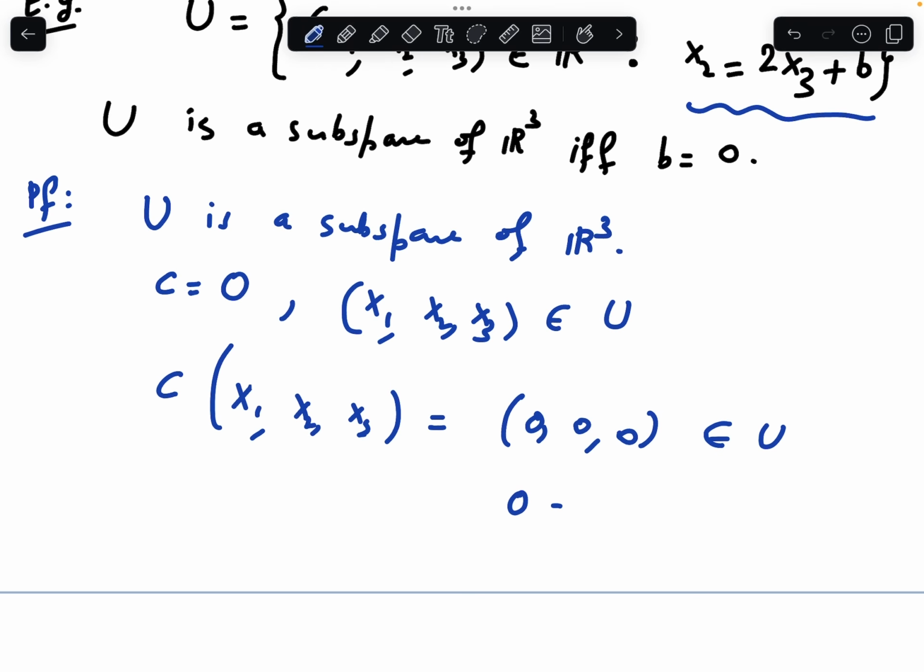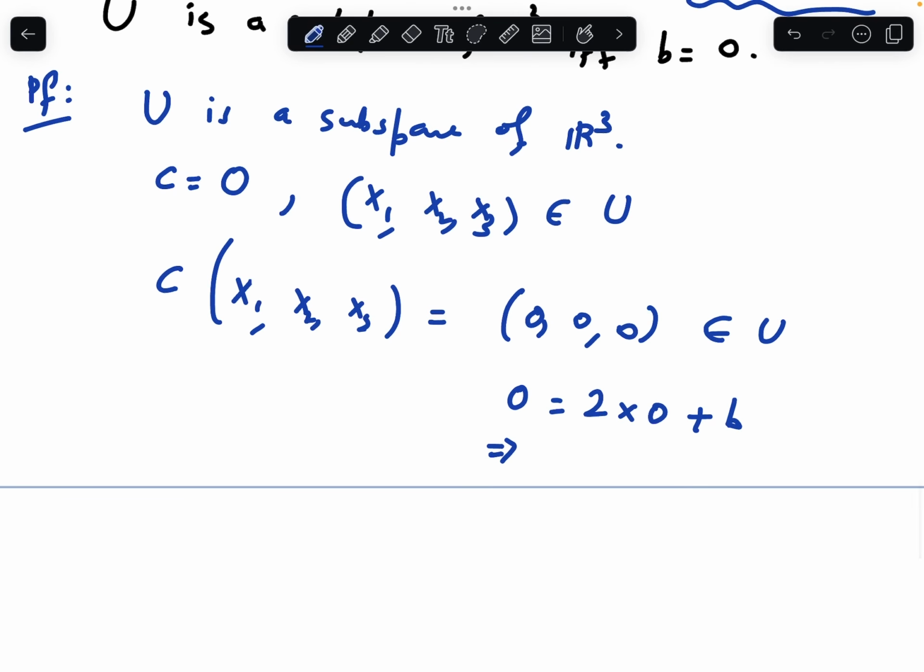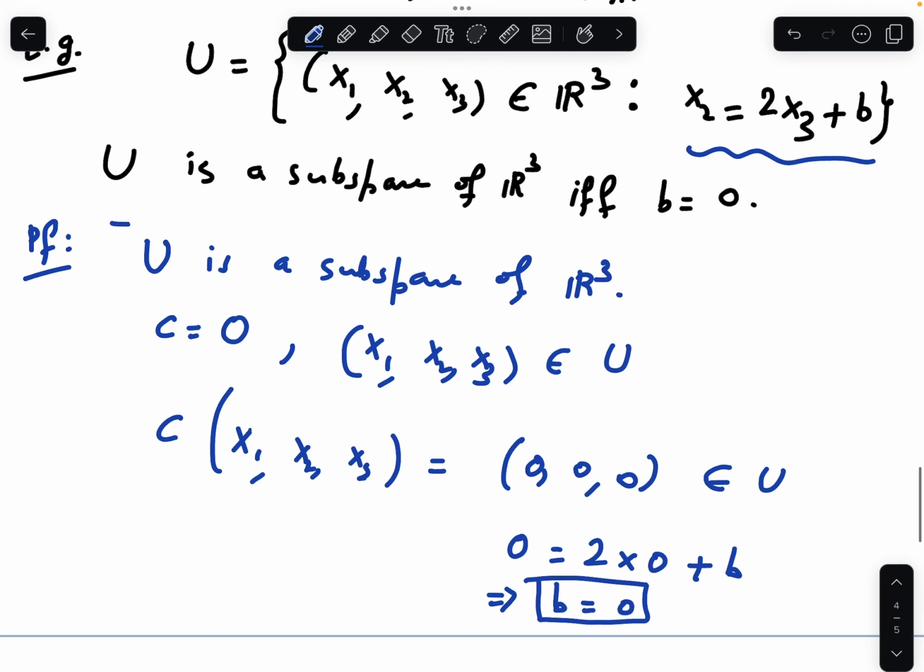That is, 0 should be equal to 2 times 0 plus b. And this means that b equal to 0. So we have proven one side.